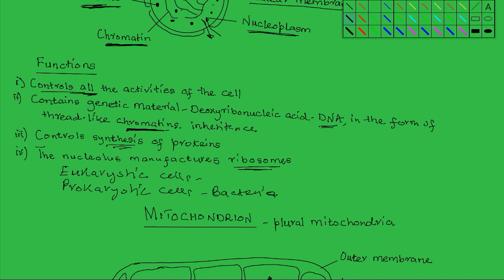Now, moving on to the next organelle, that is the mitochondrion. The mitochondrion is the singular form, and the plural is mitochondria. So we talk about many mitochondria, one mitochondrion.